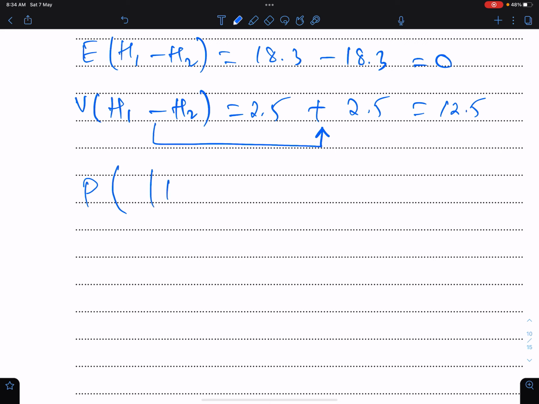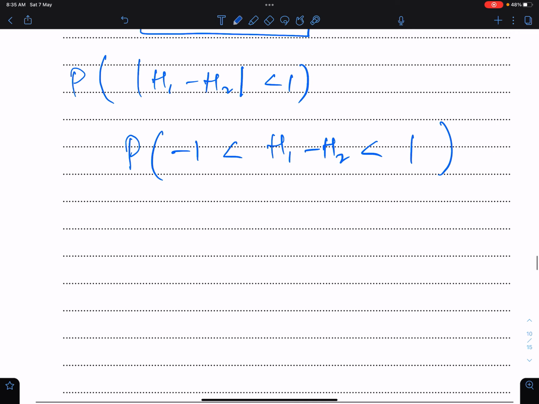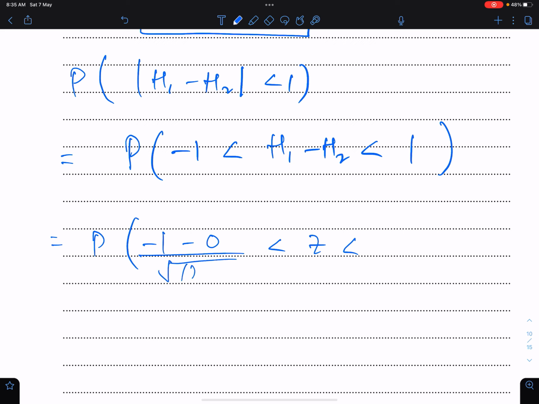So the probability that modulus of h1 minus h2 is less than 1. First write this in this way: h1 minus h2 between 1 and minus 1. This is the way to remove the modulus of this type of inequality. Now convert this statement into z. So minus 1 minus mu, mu is 0, over the square root of variance 12.5, and 1 minus 0 over root 12.5.